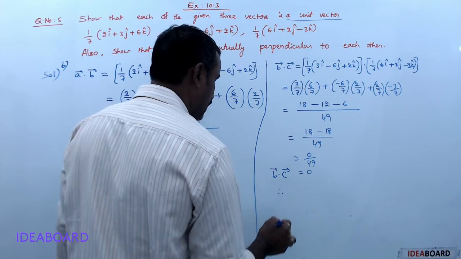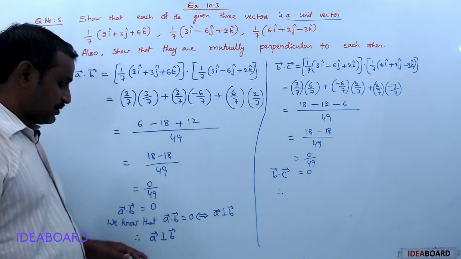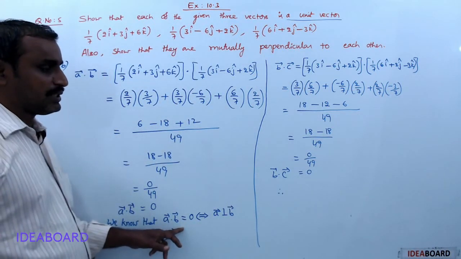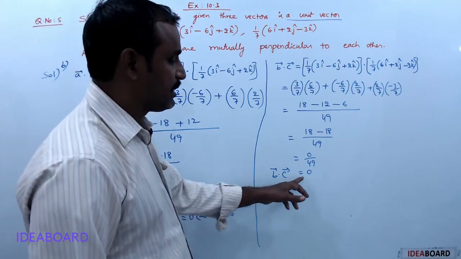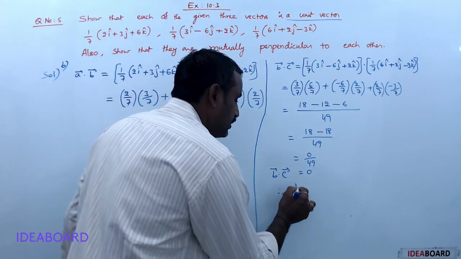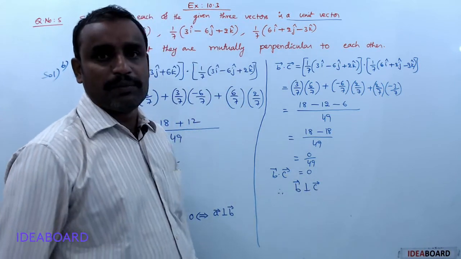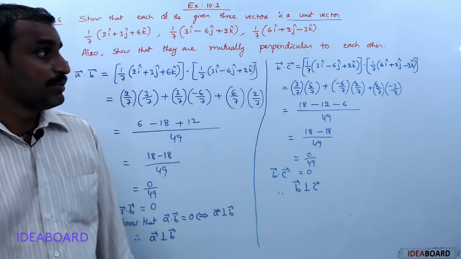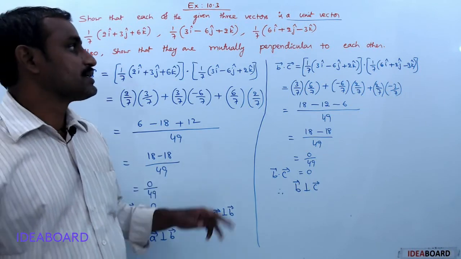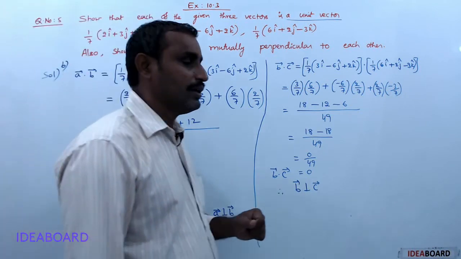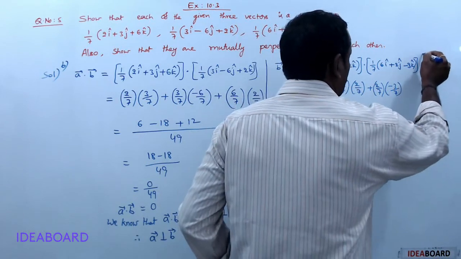So therefore, according to the previous concept, we know that A bar dot B bar is equal to 0, and here also B bar dot C bar is 0. So therefore, B bar is perpendicular to C bar. Now we need to calculate C bar dot A bar also in this question.